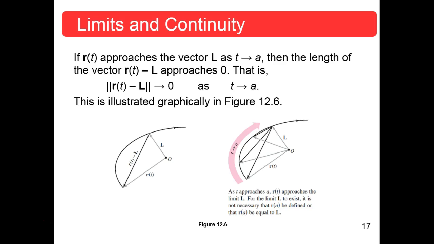As t approaches a, r of t gets closer and closer to this limit L, whether or not it's even defined there or equal to that there. If you remember, you can have weird things happening at any point, and it may not have that same value, but that's its limit.